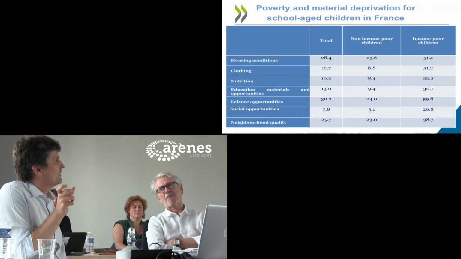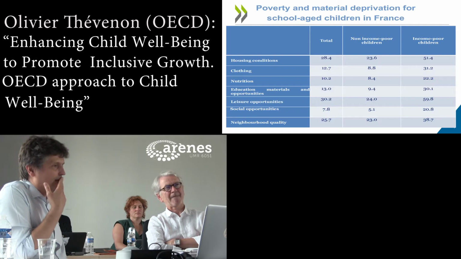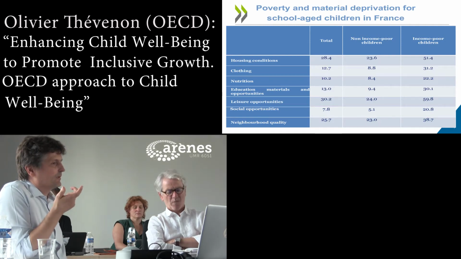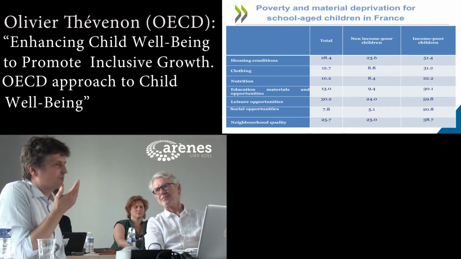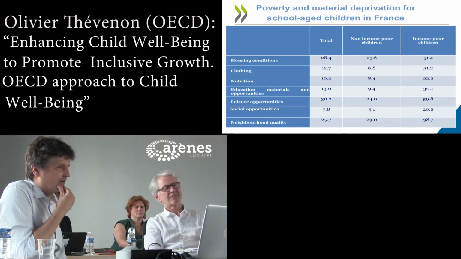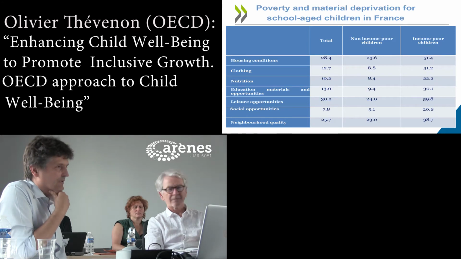Really focus now on the material deprivation parts. So we have conducted some work on child poverty, so income poverty, and then we have looked at the relationships between income poverty and material deprivation.